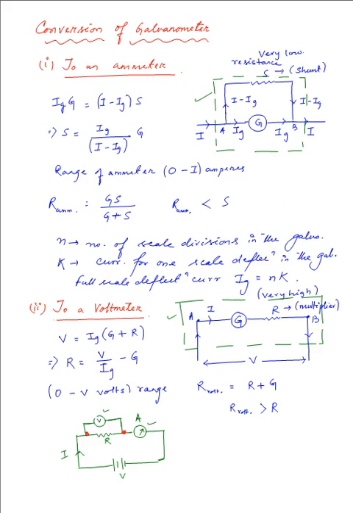So again, we have the maximum amount of current present between the ends of the ammeter, and as a result that produces the necessary torque in the galvanometer, thereby allowing the deflection of the coil as well as the pointer attached to it, showing the accurate reading based on the range that we have provided. So that is more or less how we use the galvanometer converted in the form of an ammeter as well as a voltmeter.